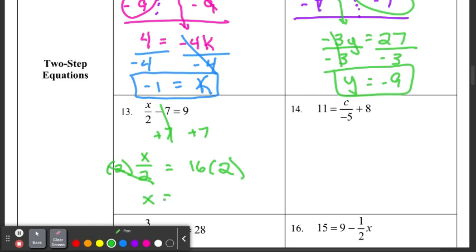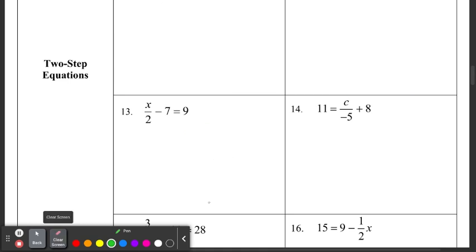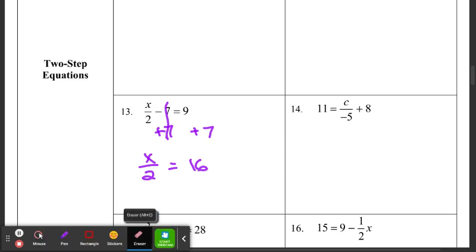So x equals 32. Now, I'm going to take a second and rewrite this just because I want you to be able to see the difference or see actually the similarities. So x over 2 equals 16. I can write x over 2 a different way. I need my eraser.